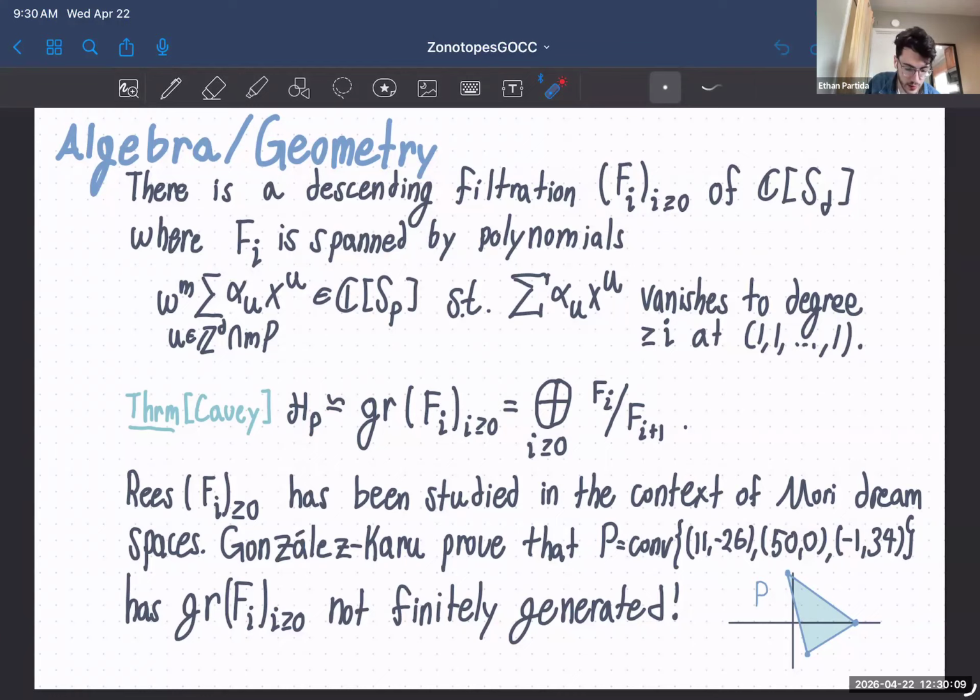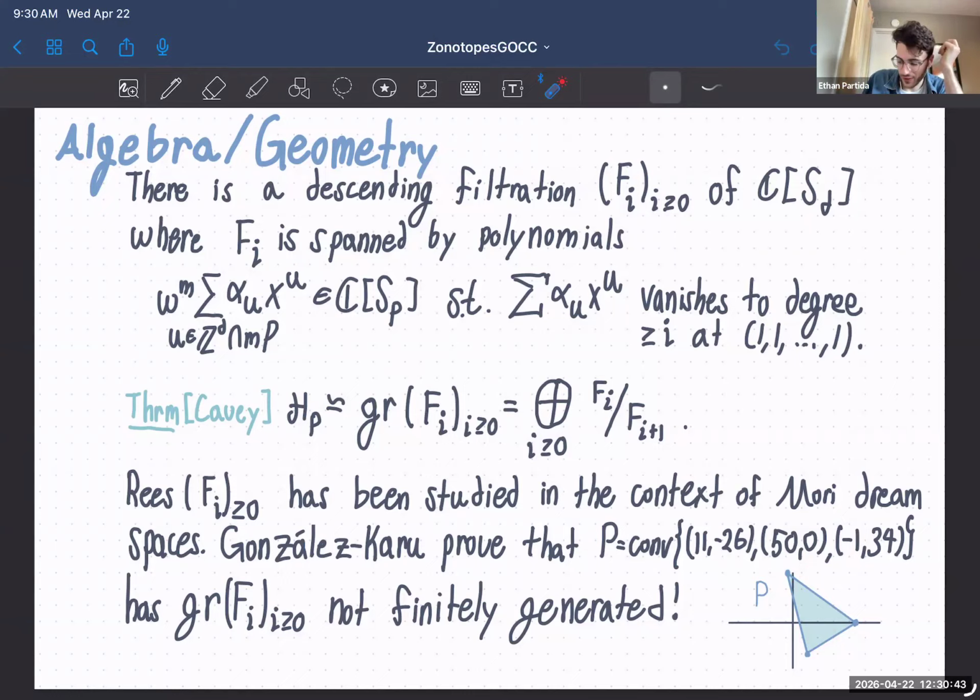A related object of this filtration, known as the Rees algebra, appeared in the literature before, but in the context of Mori dream spaces in algebraic geometry. People were curious whether such rings were finitely generated. And Gonzalez and Karu proved that if you take this funky looking triangle, which has coordinates here, in the plane, and you do this procedure, you get a non-finitely generated ring.